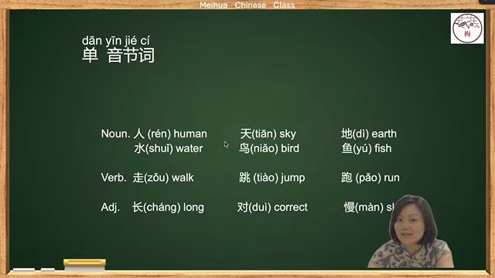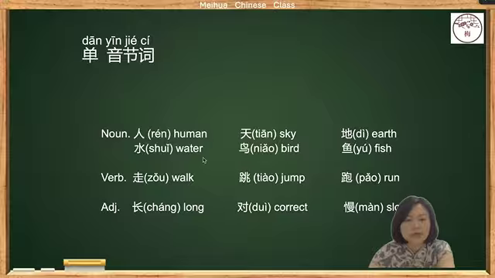So, 天地人. 水 means water. 鸟 means bird. 鱼 means fish. And other nouns like 树 means tree, right? 河 means river. Actually, many objects in nature are single syllable words, and they have their unique meaning.